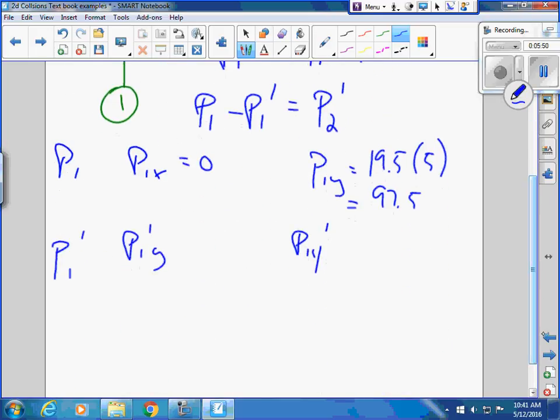Oh, I put them both y. And I switched to green for some silly reason, too. Yep, this is the initial momentum, P1x and P1y, and now the finals, P1 prime x and P1 prime y, I don't know.